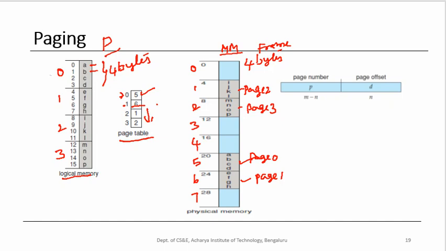Now what is the logical address space? There are 16 bytes, so it could be expressed as 2 to the power of 4.